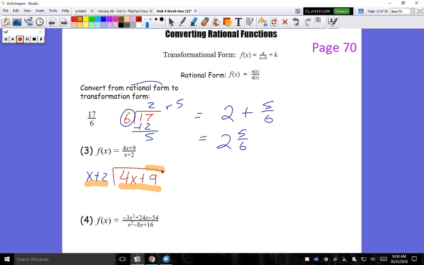And I need to be asking myself right now, what thing could I multiply with this first term to get 4x? And what would it be? 4. So that's the only thing that you have to match up. So you're going to put 4 here, and now it's like 4 times that x plus 2. Don't forget this parentheses, because then you'll get 4x plus 8.